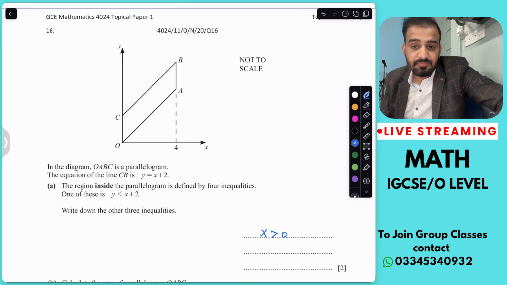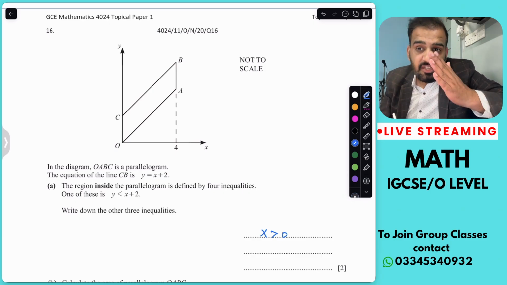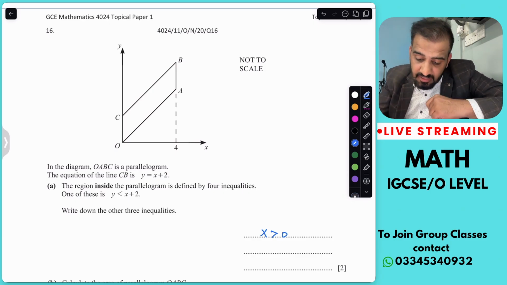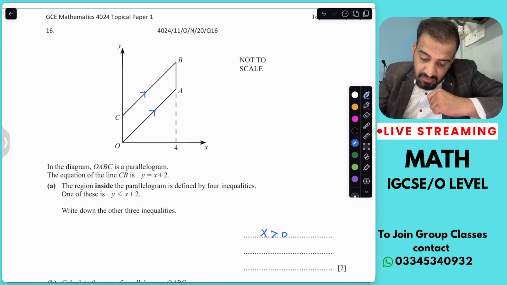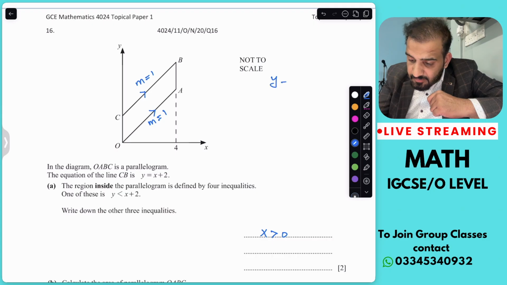Next we have this line. This line is parallel to CB because it is a parallelogram. So it will also have gradient m equals 1. Why m equals 1? Just because of y equals x plus 2, its gradient is 1.